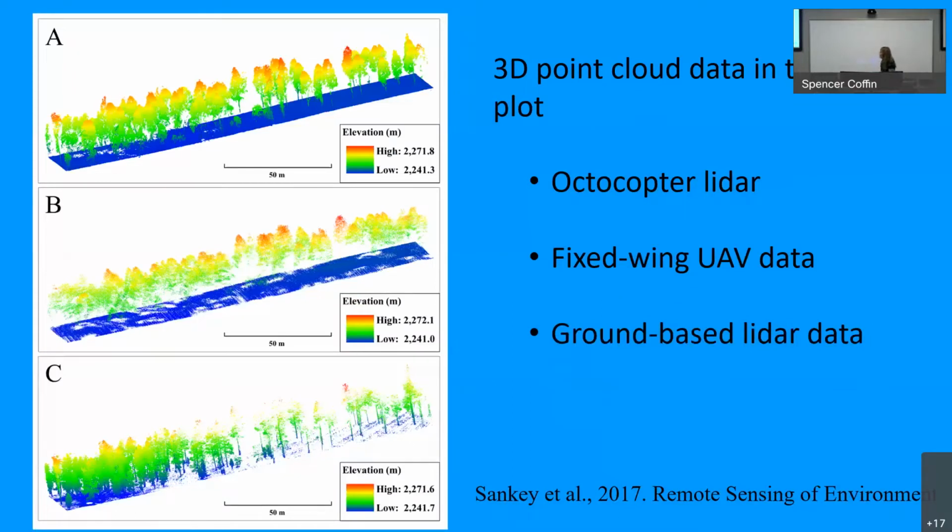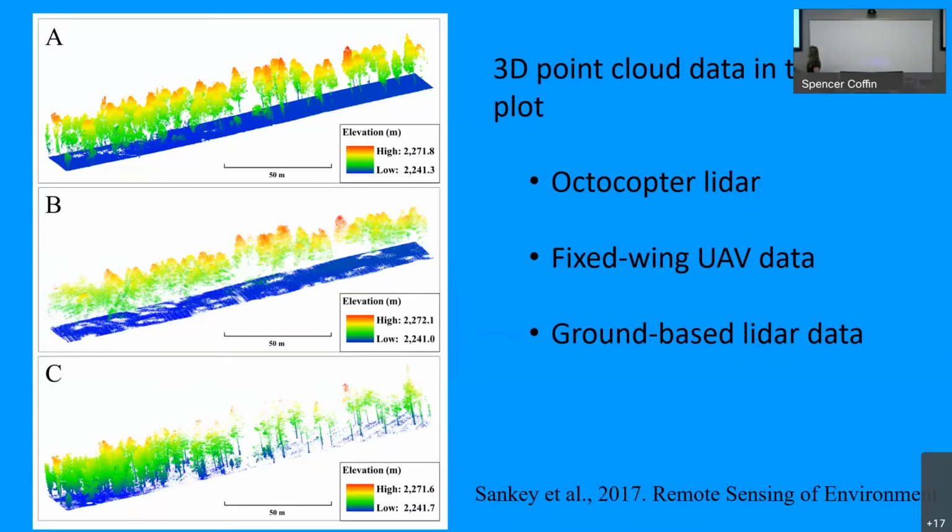In this slide, I'm just showing you a comparison between different sensors. In the top panel, we're looking at the same octocopter UAV LiDAR point cloud data that we were just looking at. In the middle panel, I am showing a structure from motion point cloud data that was photogrammetrically generated, which I'll talk about in a minute.